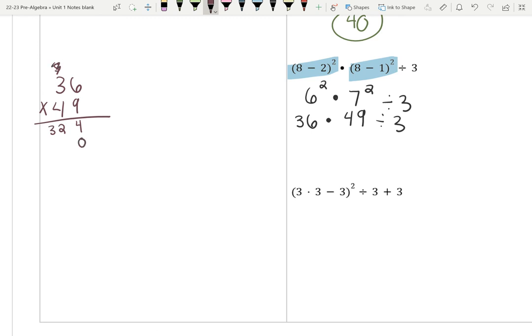Scratch that out. So then I'll have 6 times 4, which is 24. And then 3 times 4, which is 12. And then plus that 2, which gives me 14. And then I have 1,764. And that is divided by 3.